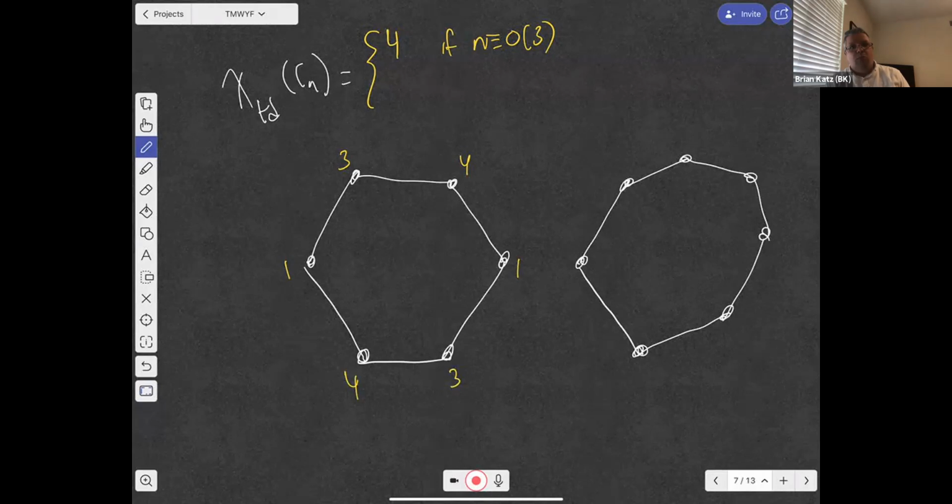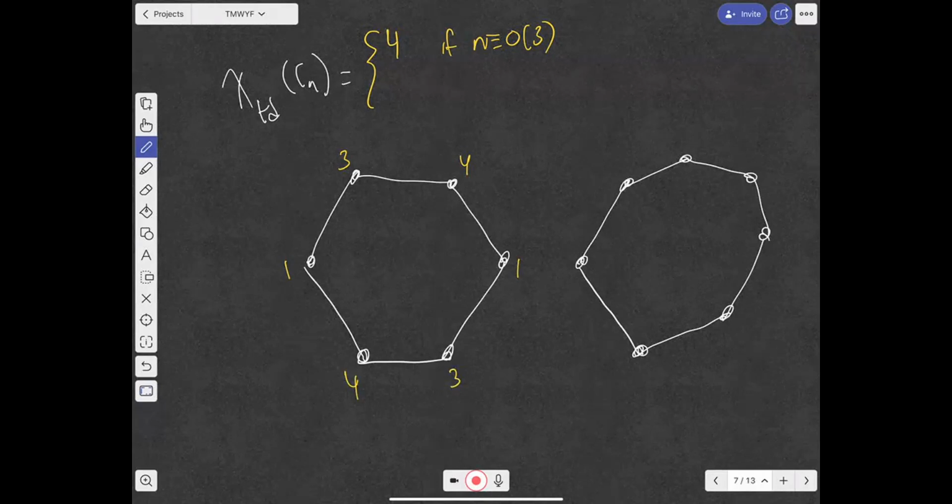Okay, what if we have this guy over here? This one is C7. All right, how are we going to do C7? Anyone want to float an idea out there?